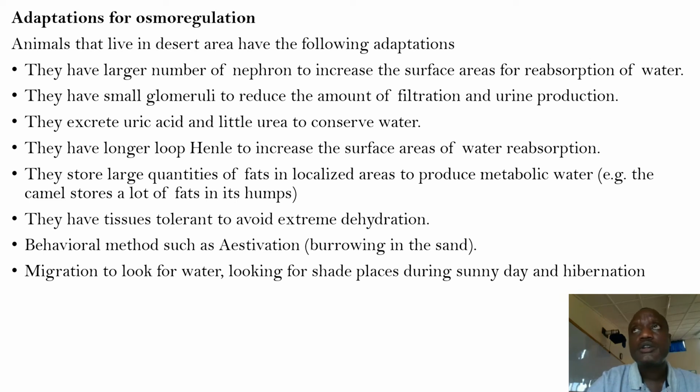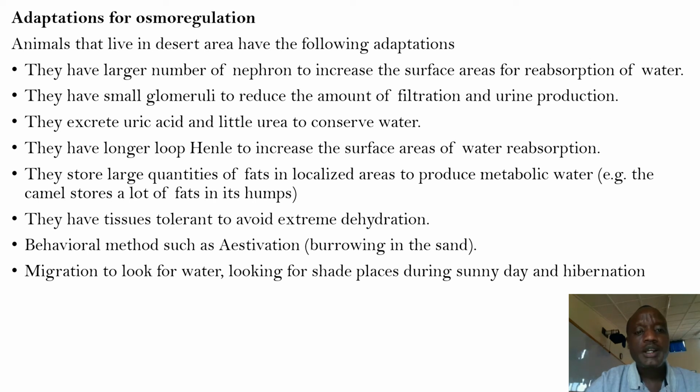Those which live in semi-desert areas have a short loop of Henle, which means there is no need to increase their surface area for water reabsorption. But for desert animals, you have to pay much attention: they always have a relatively longer loop of Henle to increase the surface area for water reabsorption.